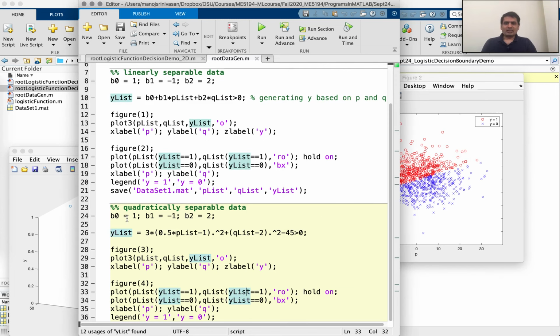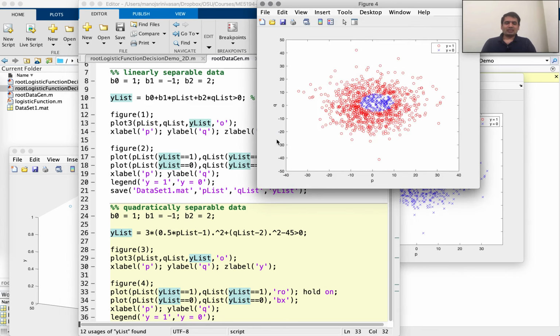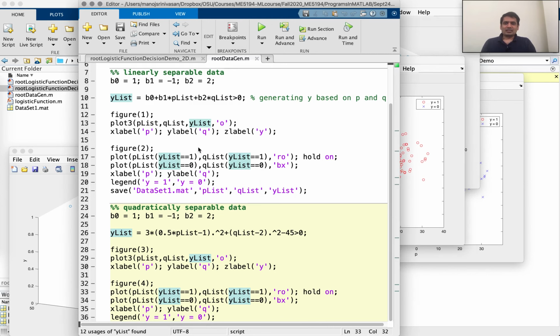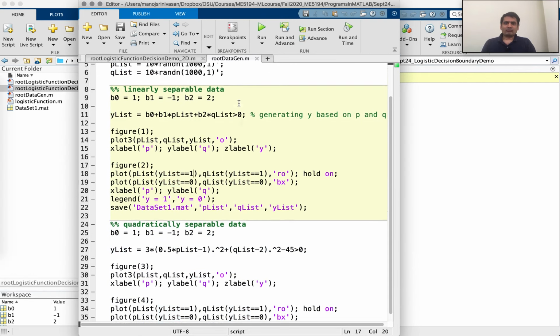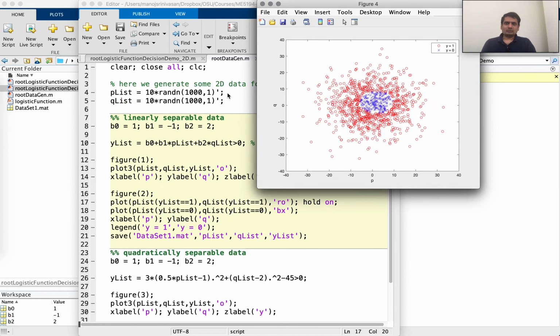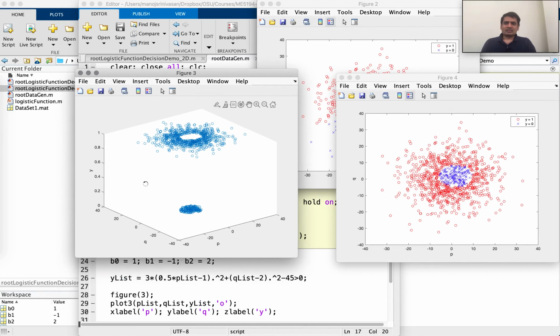Here is an example where the data is separable but not linearly separable. Let me run this whole thing. Here's P, Q, and then Y, and I created some data where for certain values of P and Q, Y equals 0, and for other values of P and Q, Y equals 1.